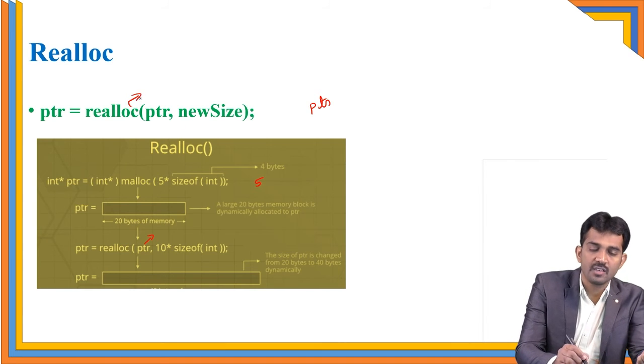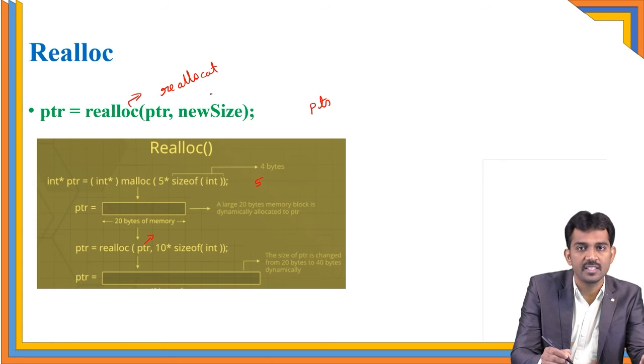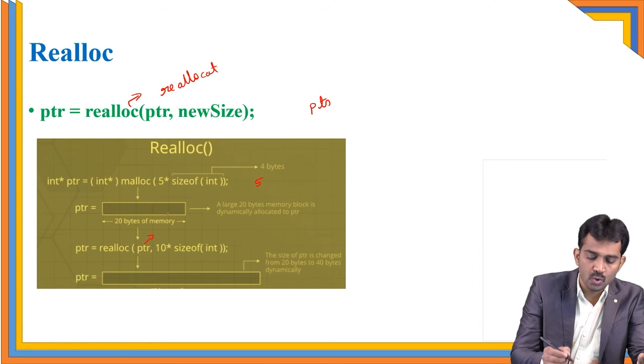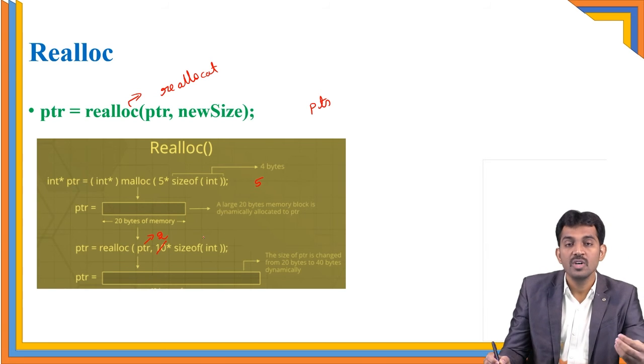Realloc is a function used to reallocate the memory. Reallocate means it may increase or decrease. Even if you want 5 to 2, instead of 5 you just use 2. That means now the memory is going to shrink, right? Either increase or decrease by using the realloc function. That is the purpose of realloc.